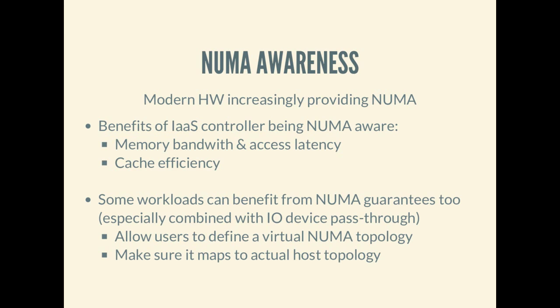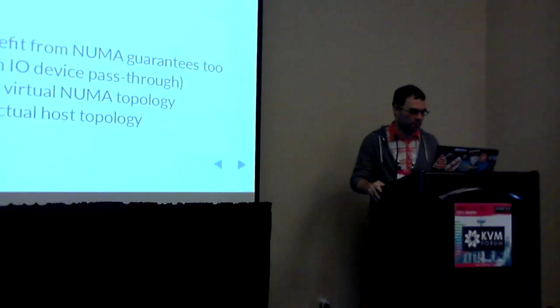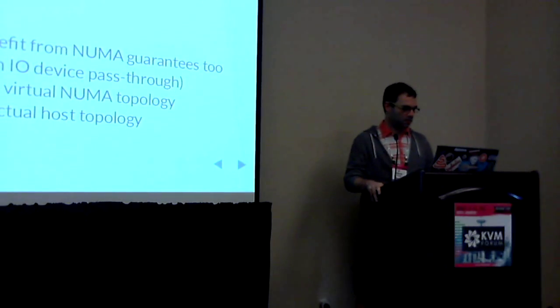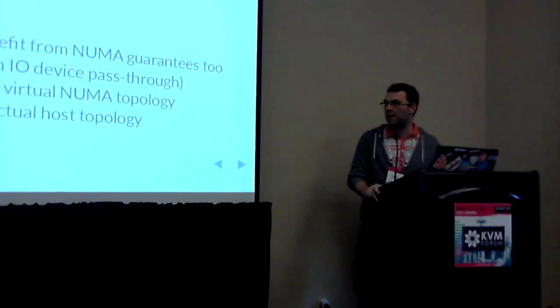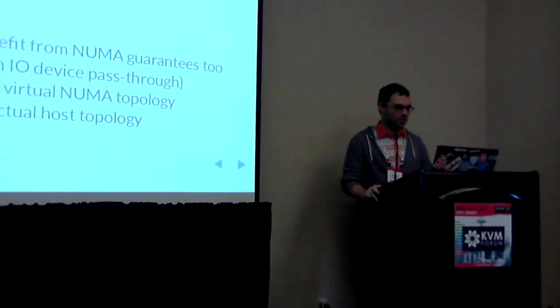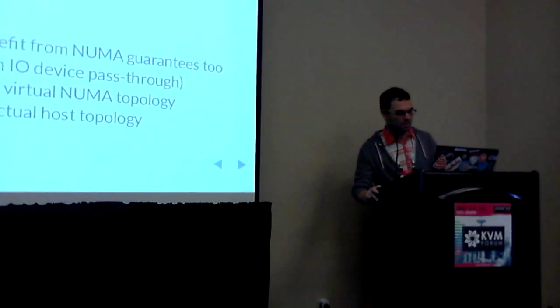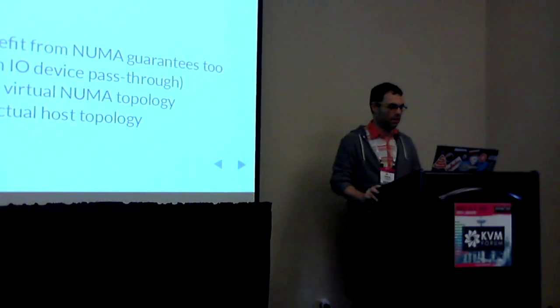So the first bit was adding NUMA awareness. Modern hardware increasingly has non-uniform access to certain regions of memory from certain CPUs. And there are, of course, benefits of being aware of these effects so that you can have better memory bandwidth utilization and less latency.